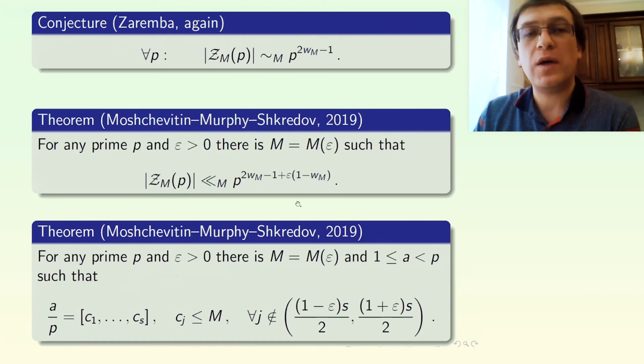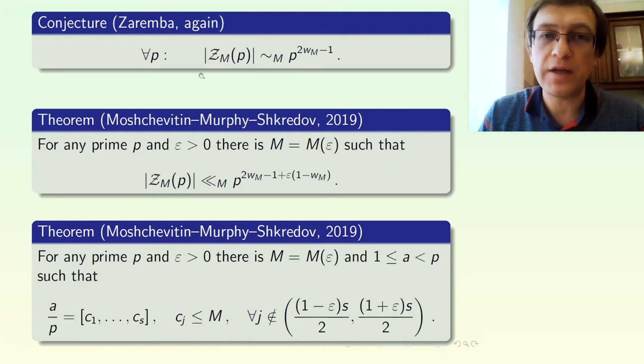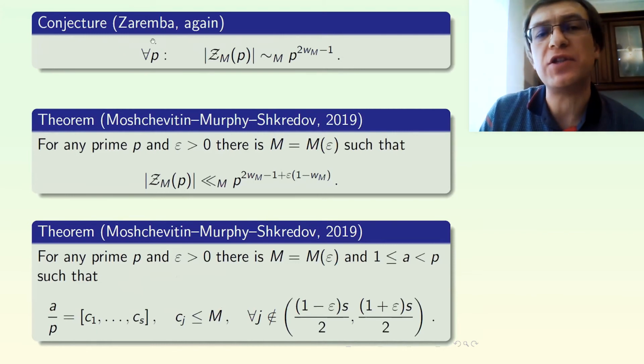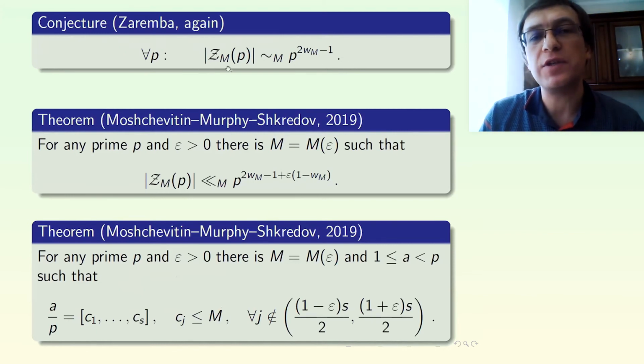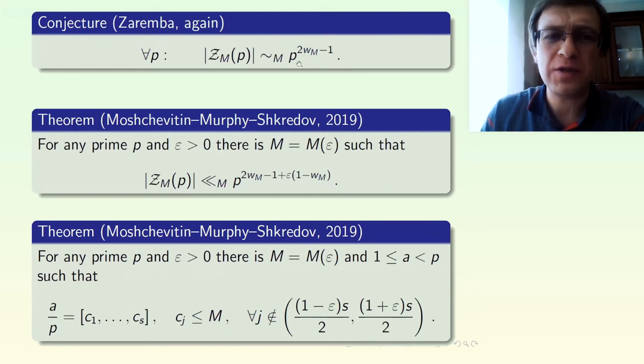So once again, in a strong form, Zaremba's conjecture says that the size of this set equals this quantity, and last year I proved with Moshchevitin and Murphy that actually the same upper bound for Z_m(p) takes place.